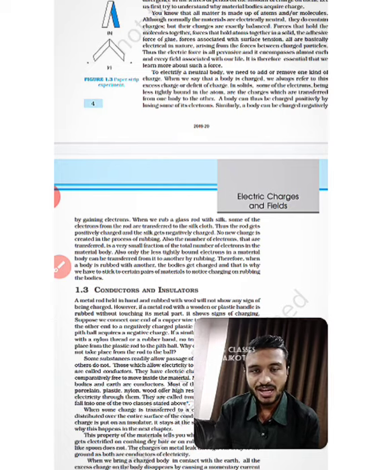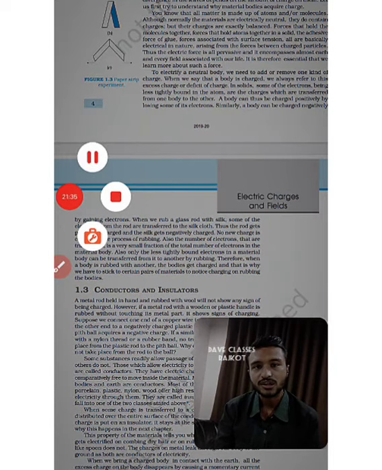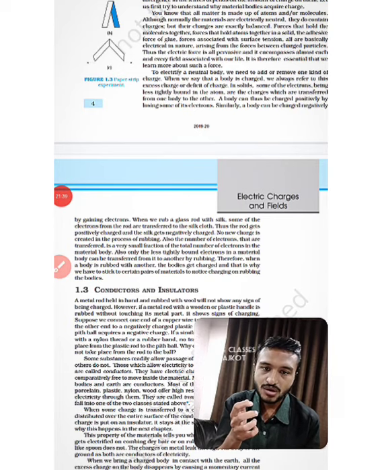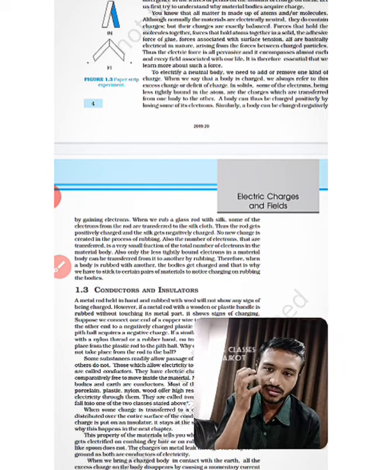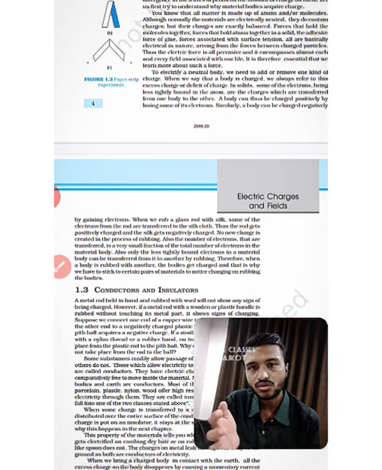So the balance of the positive as well as negative charges takes place. That is how to make this kind of apparatus at your home, at your doorstep. You can do this at your home.